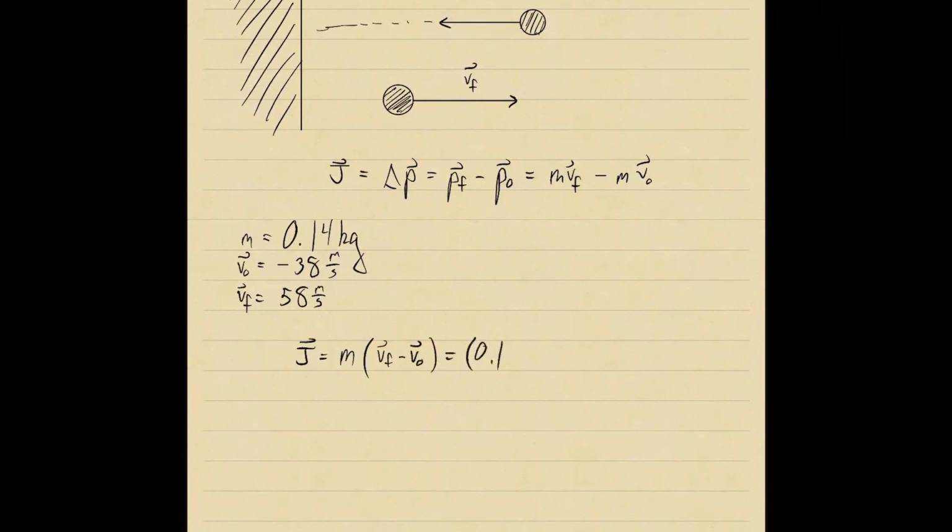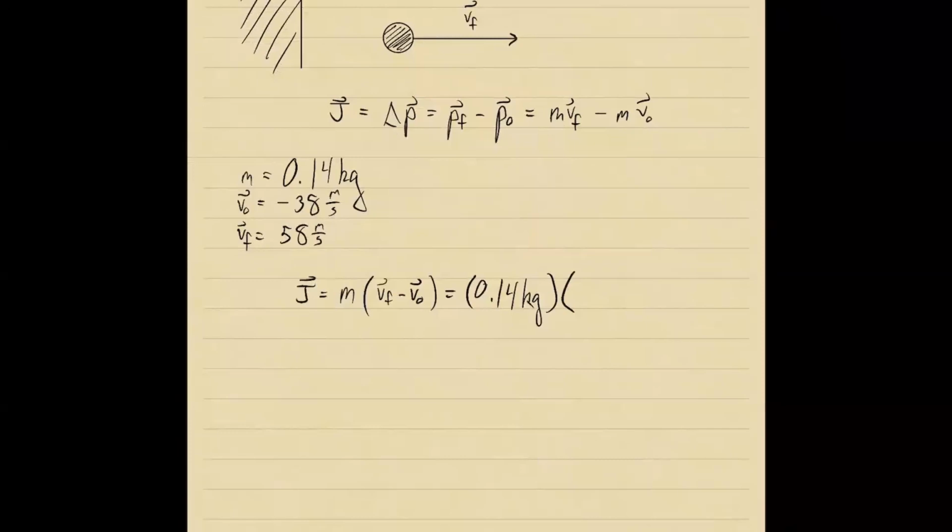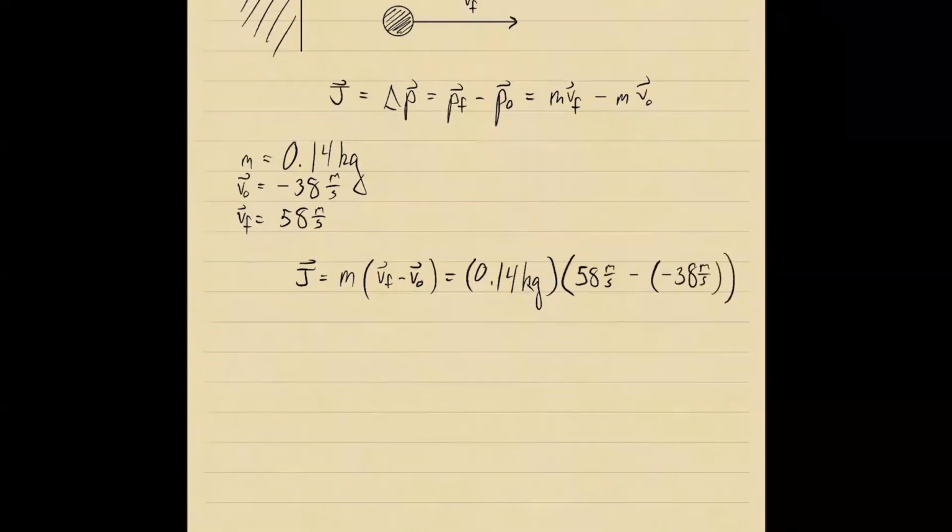So our mass is 0.14 kilograms, and then our change in velocity is our final velocity, 58 meters per second, minus our initial velocity, which is minus 38 meters per second. And so this minus sign gets canceled by this minus sign, so we end up with a plus sign.